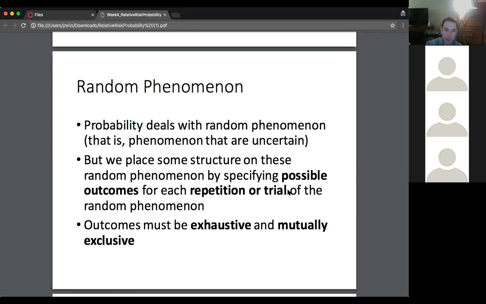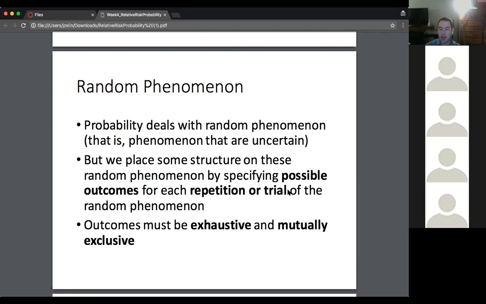And the outcomes have to be exhaustive and mutually exclusive. And that means that we have to be able to know all the different outcomes of our event, and that they're mutually exclusive, meaning that they both cannot occur at the same time. To give you an example, when you flip a coin, that coin can land on either heads or it could land on tails.